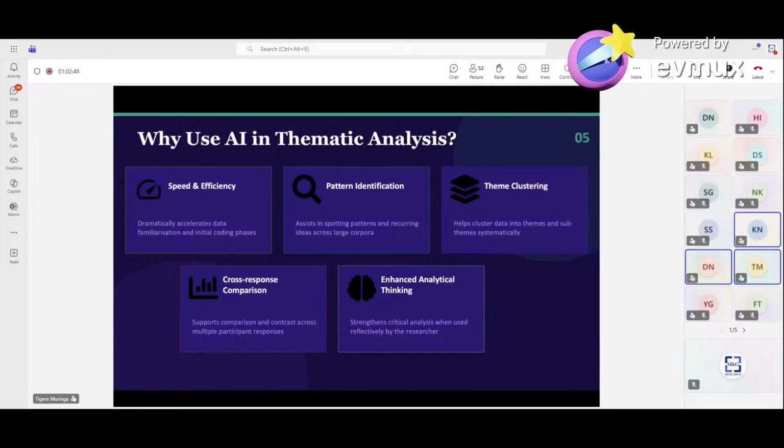So why then should we as researchers, in our postgraduate stage, use AI for thematic analysis? We must use it because it assists us in increasing the speed and efficiency at which we do the familiarization and initial coding phase.